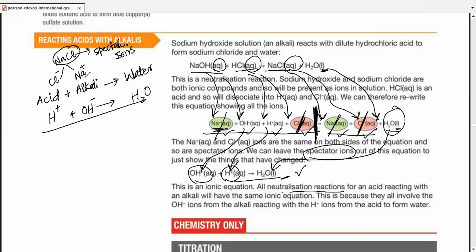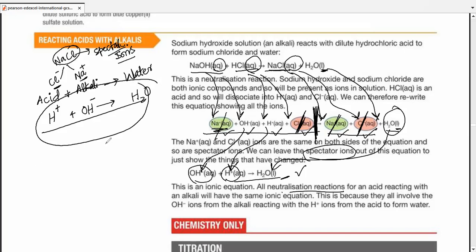What we are left with is the positive ion of the alkali, sodium ions in this case, and negative ions of the acid, chloride ions in this case, to form salt. As they are left out, they react together and form salt, and we call them spectator ions. Right? That's how we come up with this ionic equation.